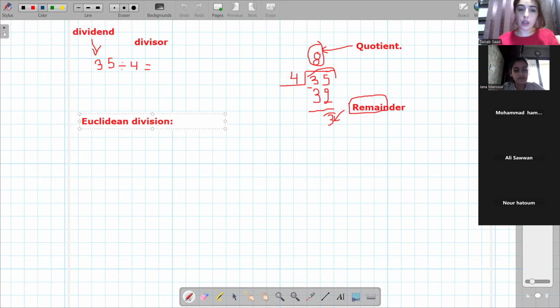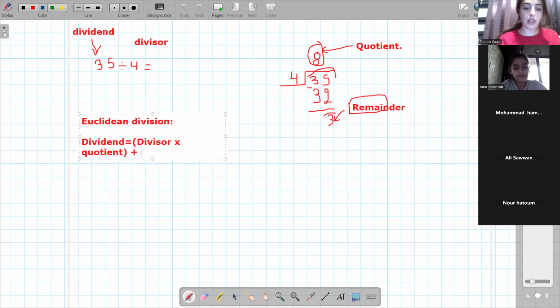When you want to write the Euclidean division, you have to start with the dividend, which is equal to, you open a bracket, the divisor times the quotient, plus finally the remainder. This is how we find the Euclidean division.